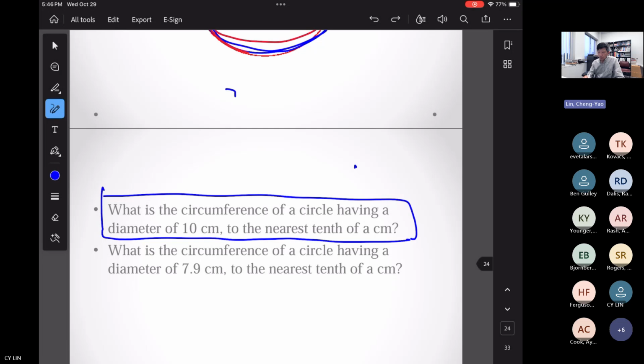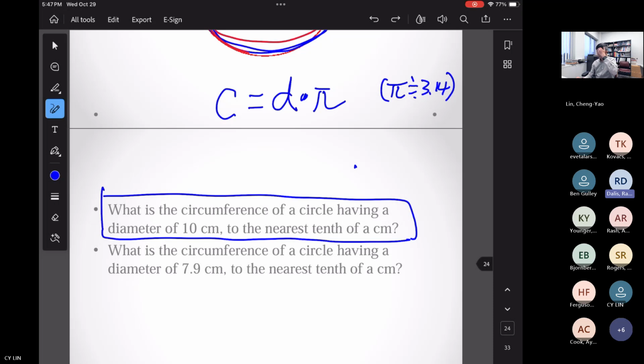All right, so now we want to do this problem. The circumference is equal to diameter times pi, okay? And let's say pi is approximately 3.14, okay? That's easy. It's approximately. We use pi approximately 3.14, finding out how many centimeters for this circumference. 31.4 centimeters.